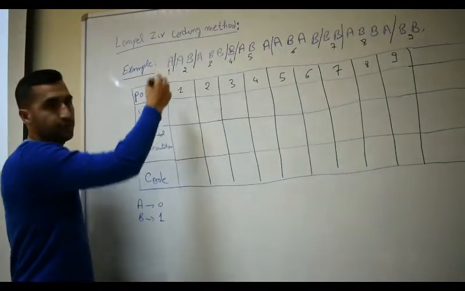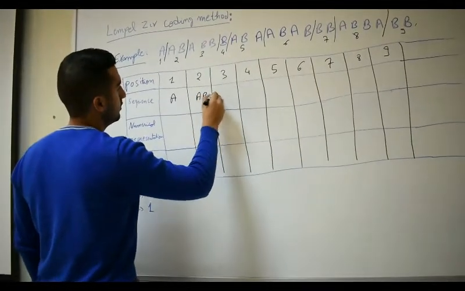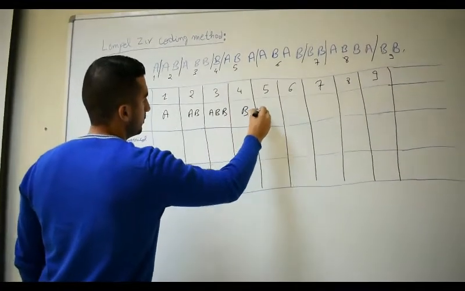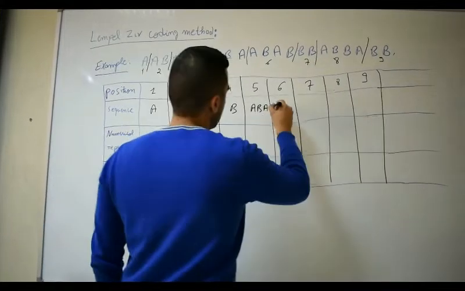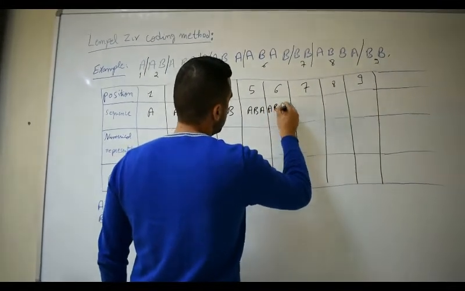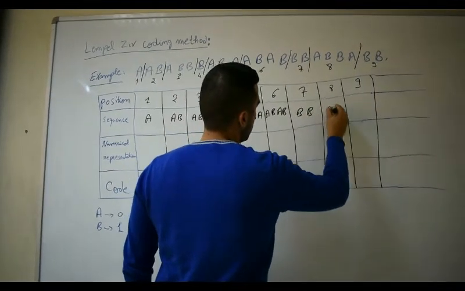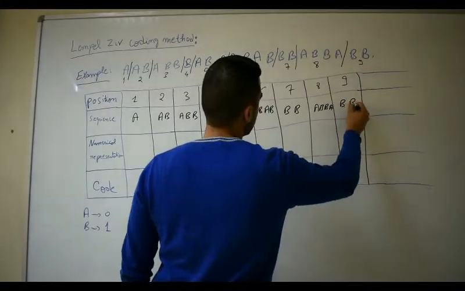We write here the sequence A, AB, ABB, B, ABA, ABAB, BB, ABBA, and finally BB.